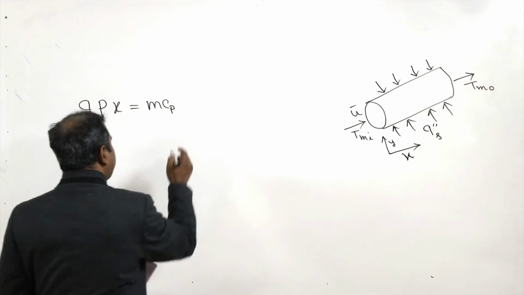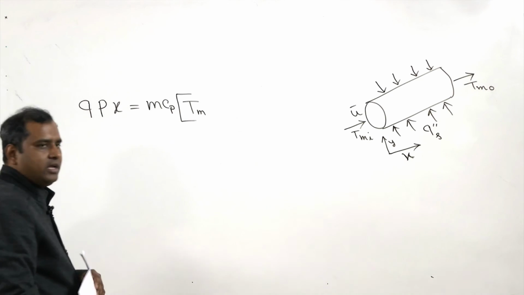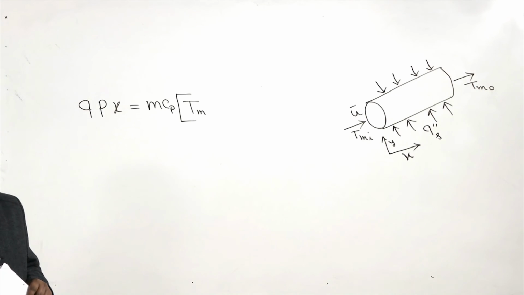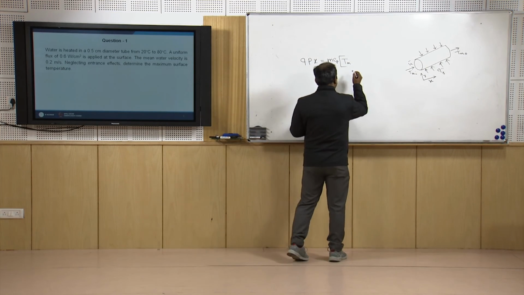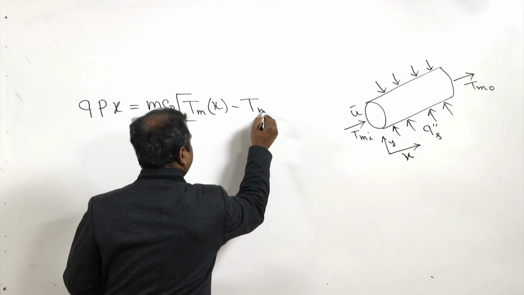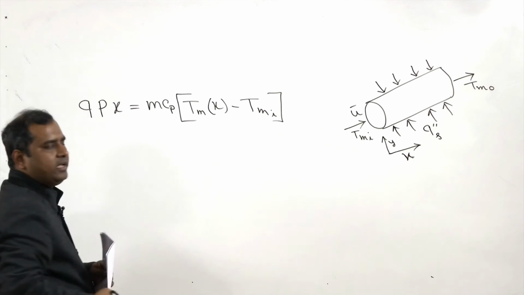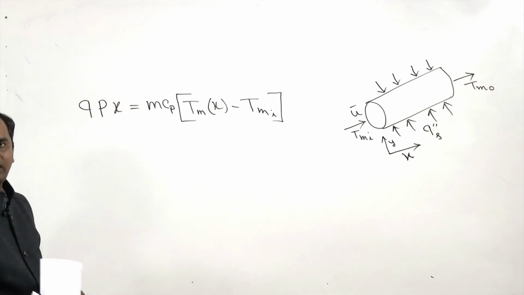So, m into Cp into Tm of x. So, this is actually the mean temperature of the fluid, or you can say bulk temperature of the fluid. So, Tmx minus Tmi, the inflow temperature. So, temperature of the fluid will be increasing by virtue of this heat addition.